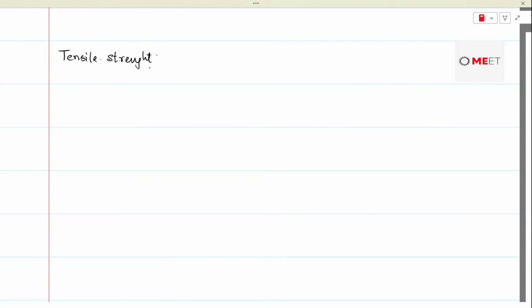That is one kind of problem, that is P is equal to sigma T into pi by 4 times dc square. This is for a single bolt, or if you are using many bolts to support the load, then n should be multiplied. This is the formula which is more frequently used in the problems.